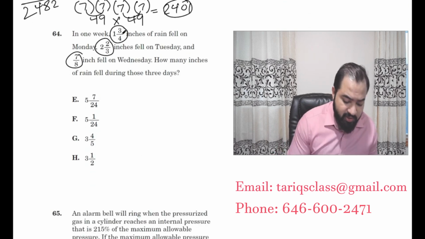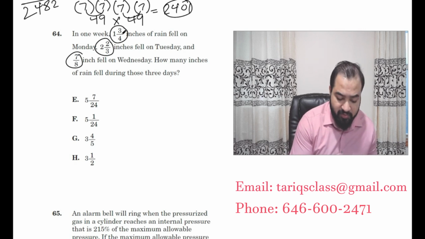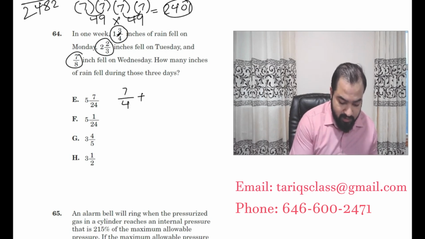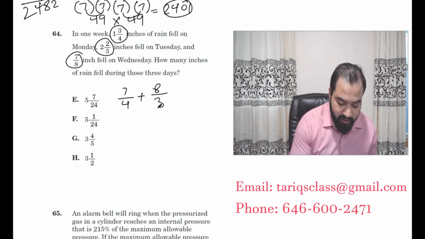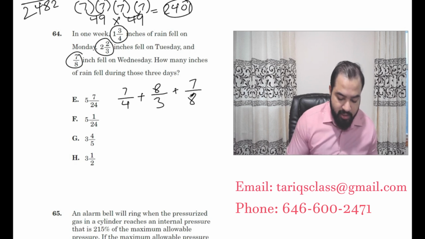So 1 3/4, we can write it as an improper fraction instead of a mixed fraction. So 1 3/4 would be 4 times 1 is 4, plus 3 is 7/4, plus 2 2/3 will be 8/3, plus 7/8. Now, as you can tell, the common denominator of 4, 3, and 8 will be 24.